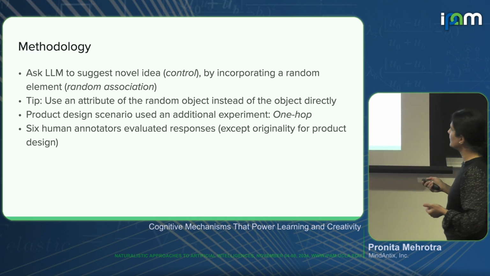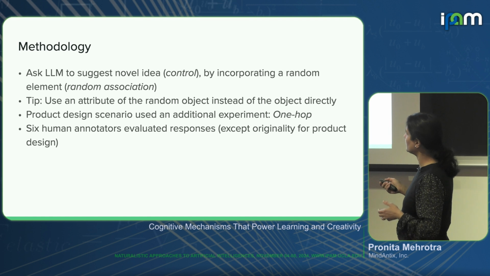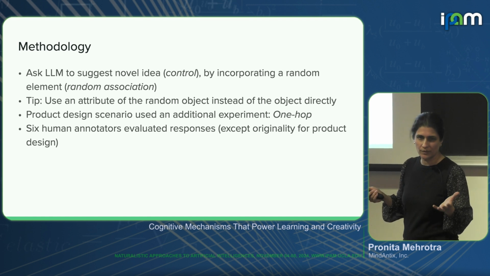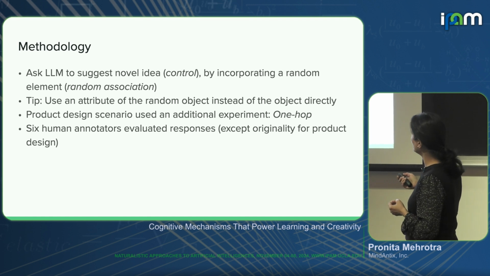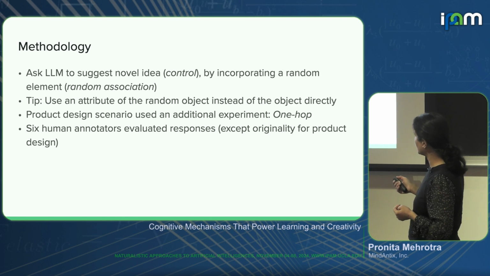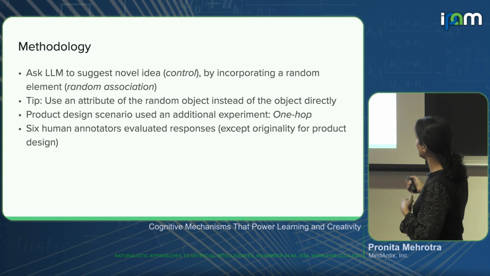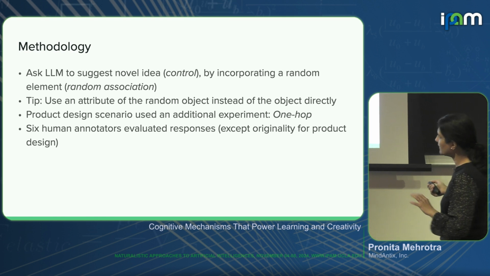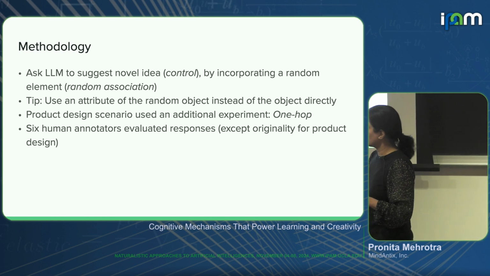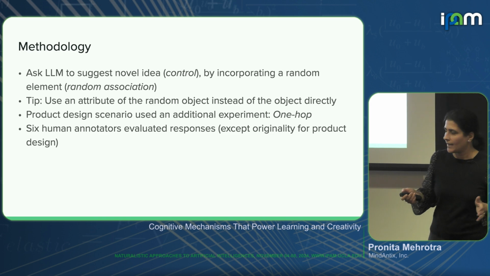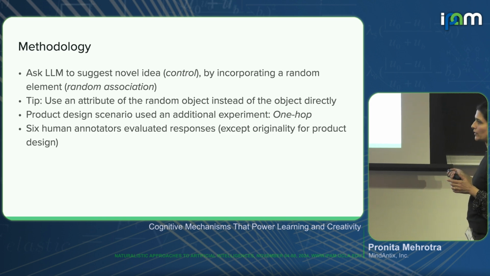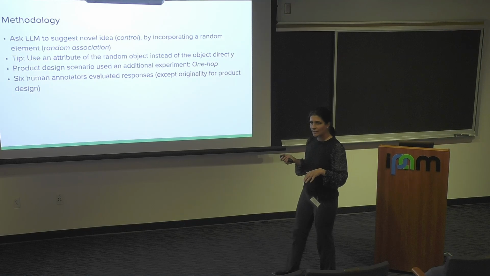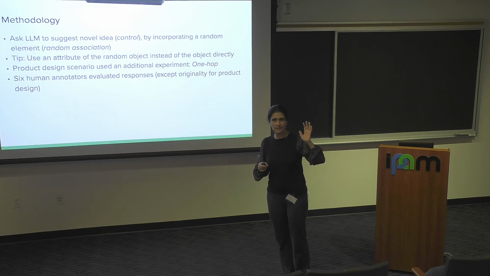Just like we did that activity before, we gave it a tip that instead of combining the object directly, you can even use an attribute of the object. In the product design scenario, we also used an additional experiment that I'll explain next. And then finally, we had human annotators evaluate all the responses, except for the originality for product design. For product design, we just kept a very high bar for originality.